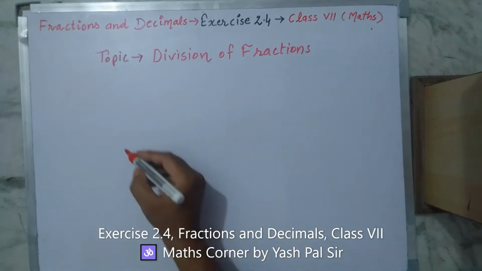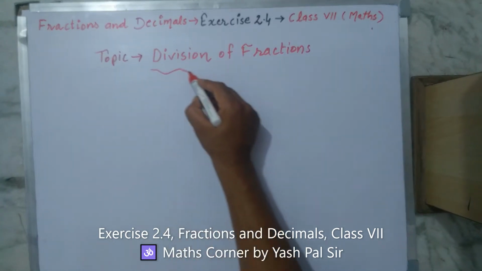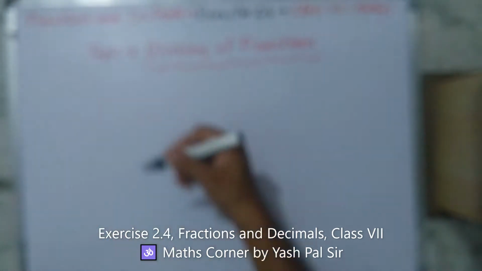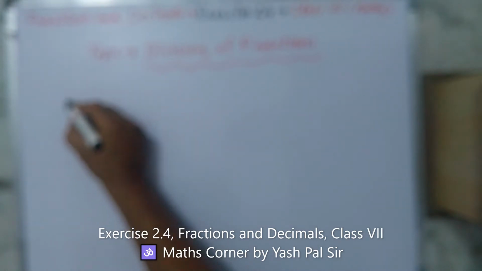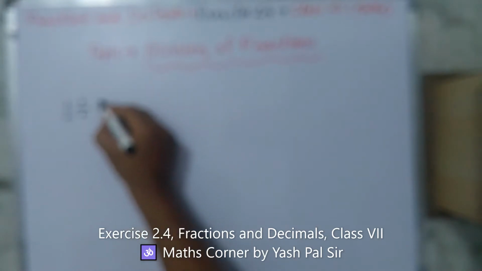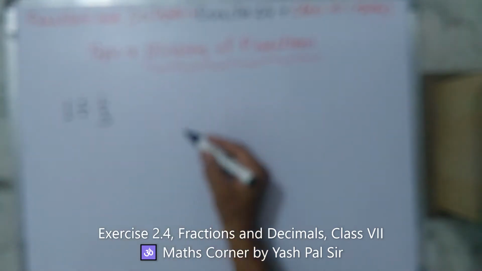First of all, what is the meaning of division of fractions? Let us try to understand this with one example. Suppose I want to divide one complete whole number by 1 upon 3. What is the geometrical meaning of this?